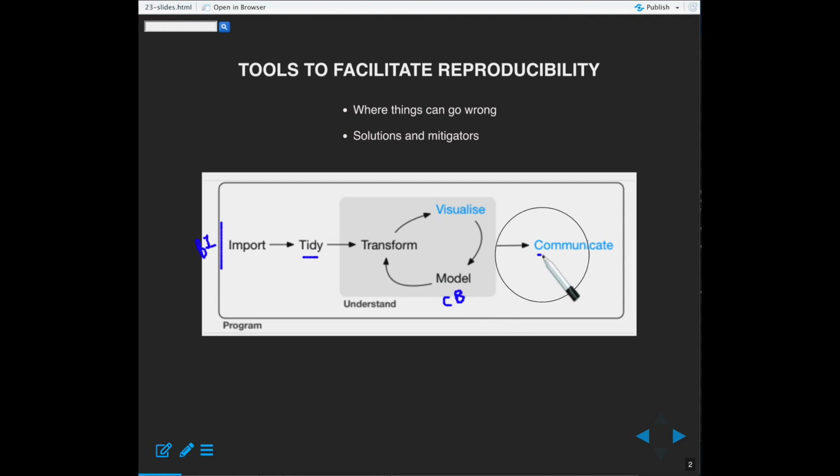But today I want to talk a little bit about communication and where things can go wrong, and how modern approaches offer solutions, or at least mitigate the issues to some extent.